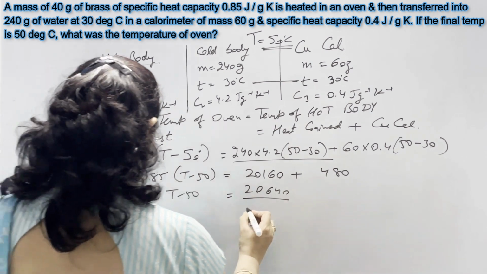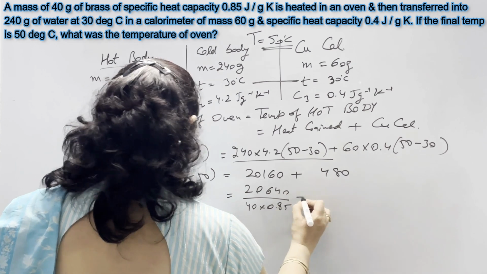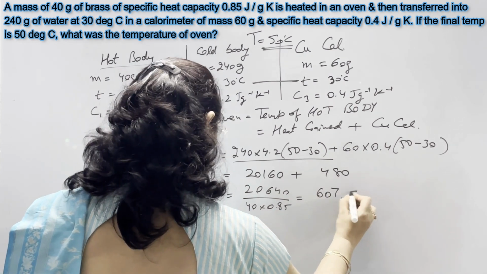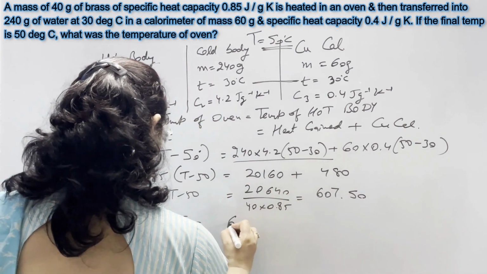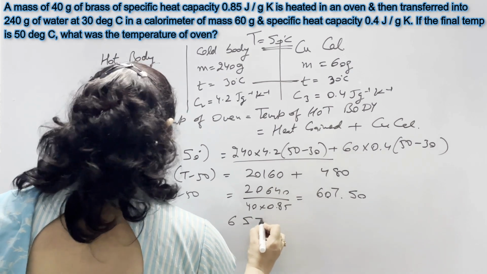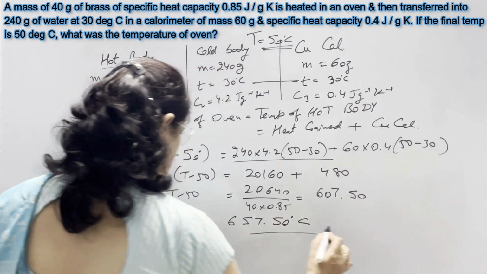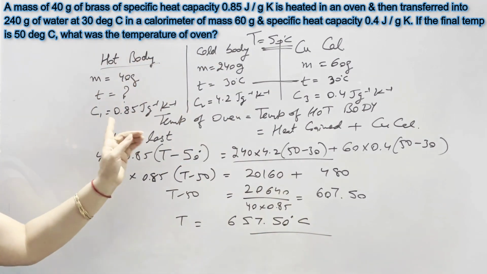This will come to the denominator here, 40 into 0.85, and after calculation 607.50, but 50 is also here, so plus 50, it means 657.50 degrees Celsius. So this is the temperature of the oven, which is equal to the temperature of the hot body.